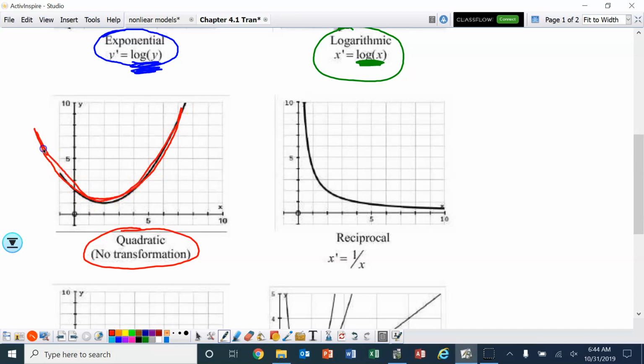There is no transformation for that, or at least there's not one that we're going to do. The next one is the reciprocal. So again, you can see the line is curving down like this. So if the dots form that type of pattern, we might want to try the reciprocal.